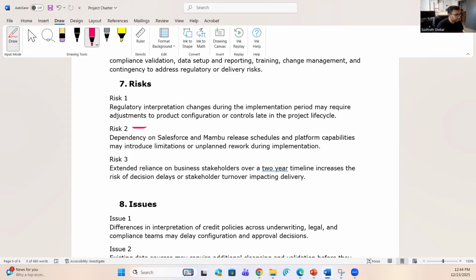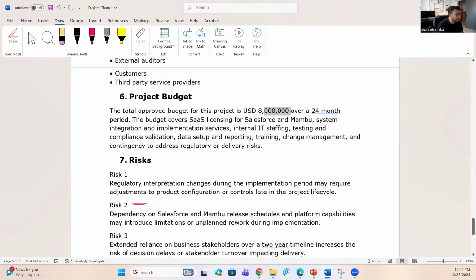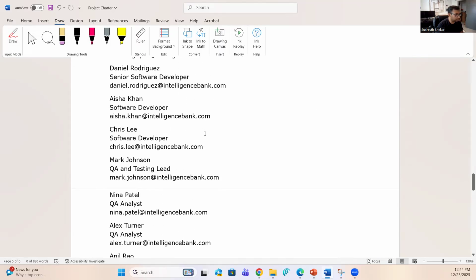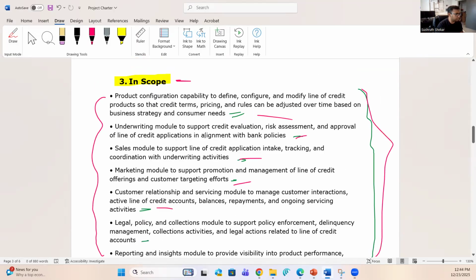Next is extended reliance on business stakeholders over a 2 year timeline increases the risk of decision delays or stakeholder turnover impacting delivery. Meaning, the business are the one who will give requirements, correct? You know this, right? We discussed about this several times.